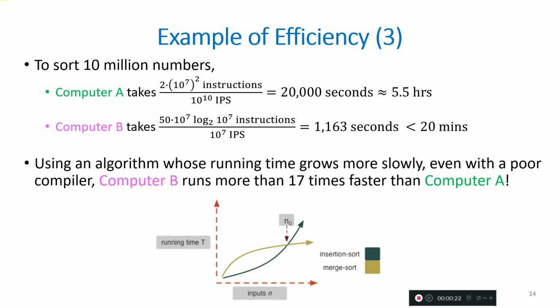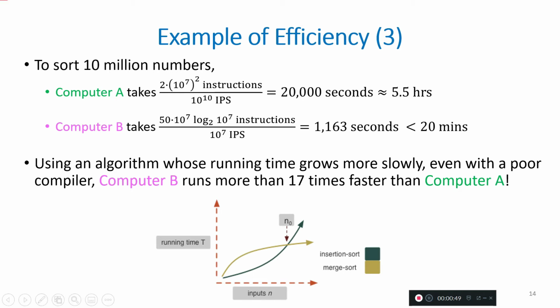If we plug it in here, we see that this would give us something around 5.5 hours. On the other hand, if you look at computer B and you consider 50 times n log n, and you divide it by the execution speed of that computer, you would see that it would take less than 20 minutes to sort the 10 million numbers.